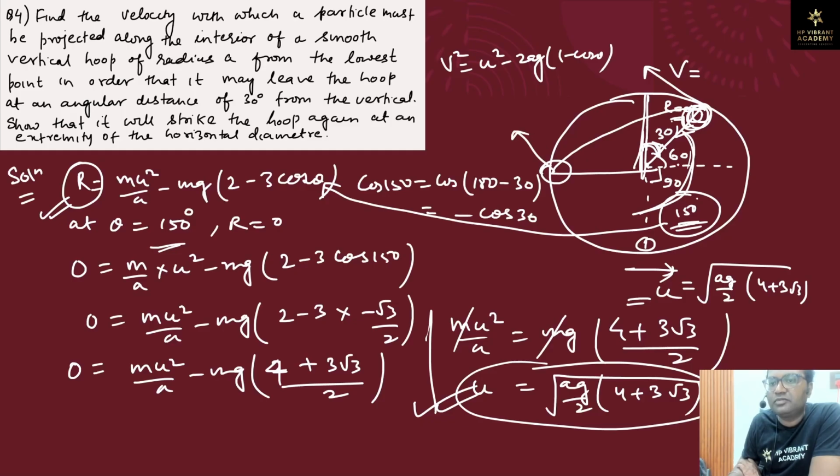So this is a, and this will be a cos 60, which is a by 2. So this is 3a upon 2. And this is 30, this is 30, so a cos 30, so a root 3 upon 2. This is minus a root 3 upon 2.